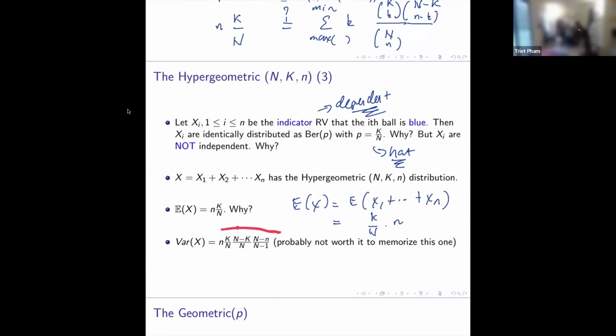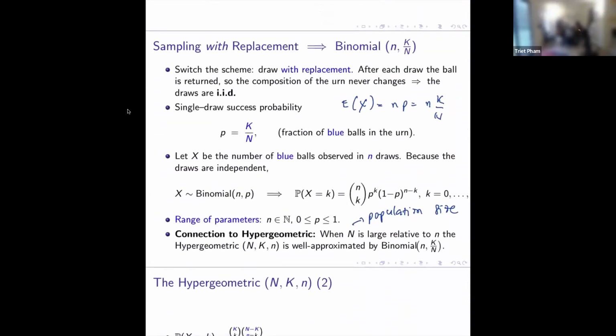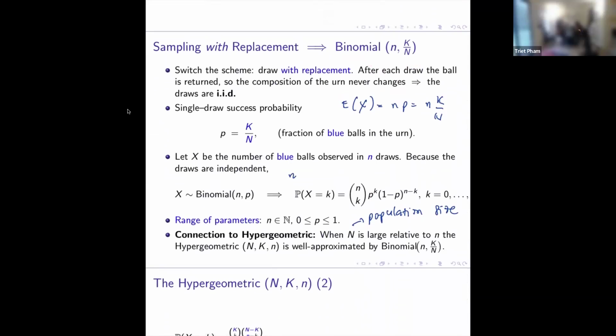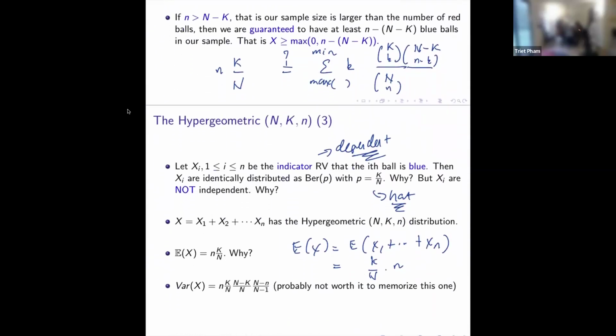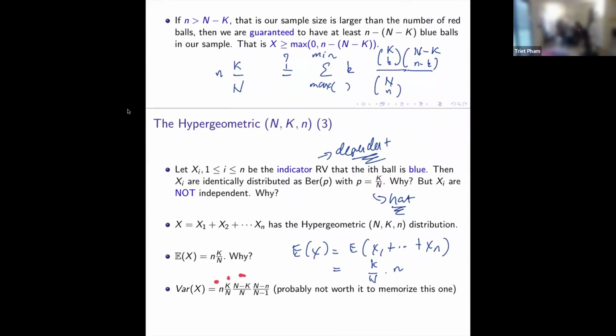Now, when it comes to the variance, note that what is the variance of the binomial corresponding to this? The variance of the binomial would be n p (1 minus p). That's the variance. Now, what is the variance here? n p (1 minus p) and this term.